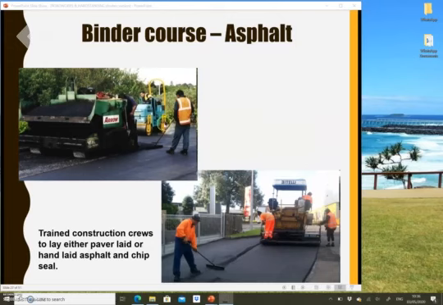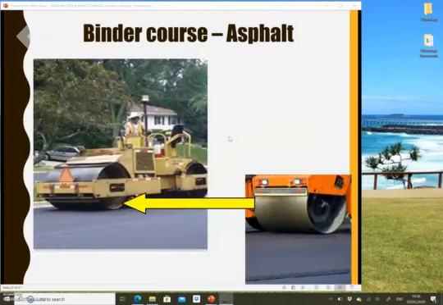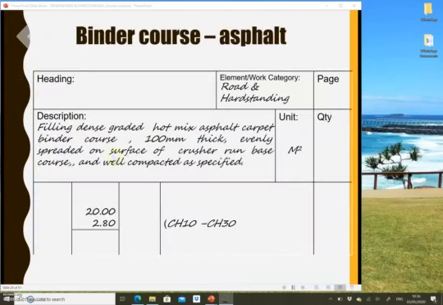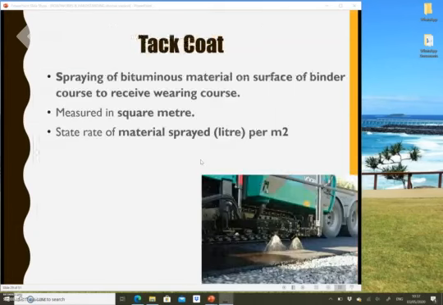They are doing the leveling and compaction using machineries. Filling dense graded hot mix asphalt carpet binder course. The thickness is 100 mm thick, evenly spread on the surface of the crusher run base course, and well compacted as specified. Please students, don't memorize, but remember the strategy that you would like to use for this description.